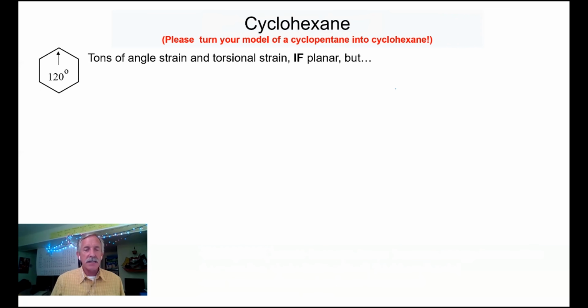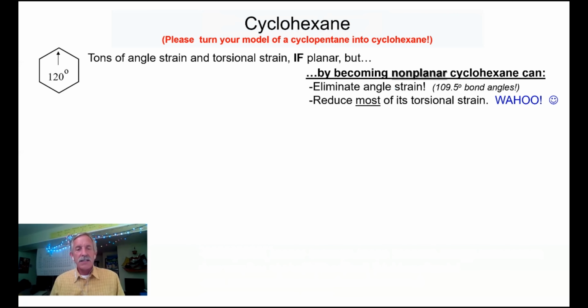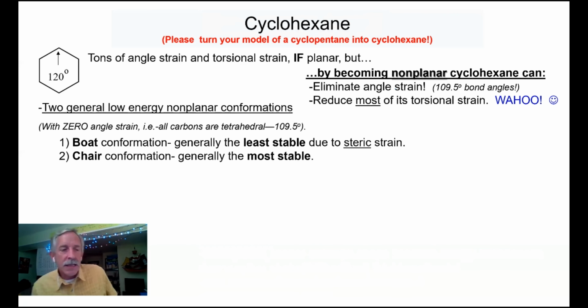It actually does all sorts of other things. It does 2 things in general to reduce the torsional strain and the angle strain. These two general low energy non-planar conformations are wonderful for cyclohexane. So let's see if we can build them, show them on a two-dimensional slide here, and then work through my little models and your model kit.